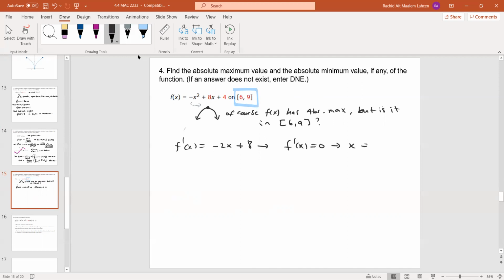Get x equal 4. And as you see, 4 is not in 6, 9. So we can't use the 4. So cannot use x equal 4. So let's check.